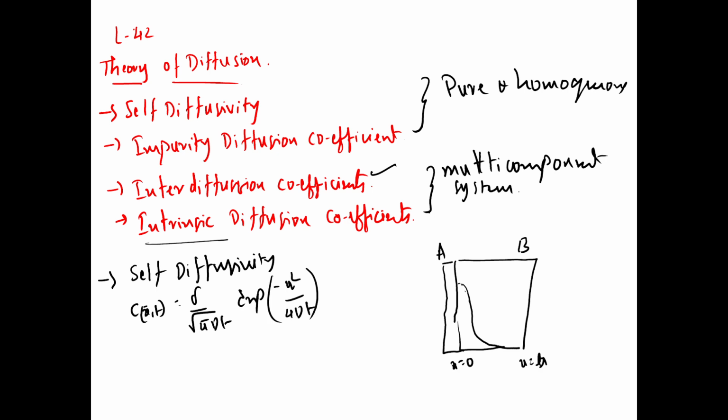Okay, so taking ln on both sides, ln c equals k minus x squared divided by 4Dt.